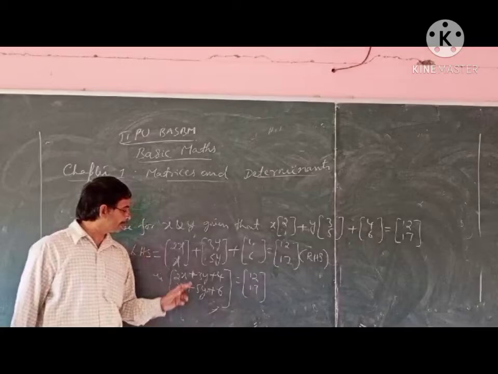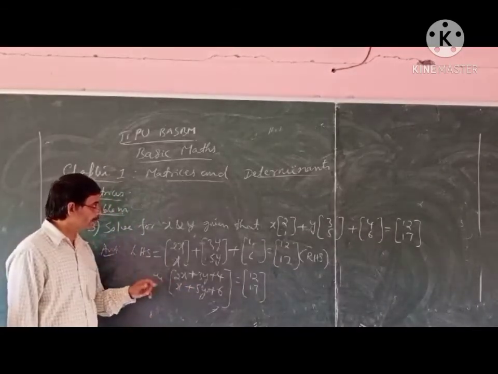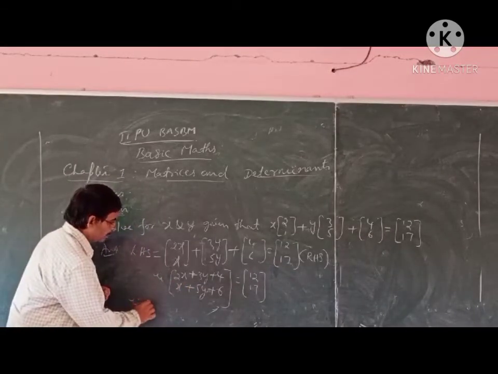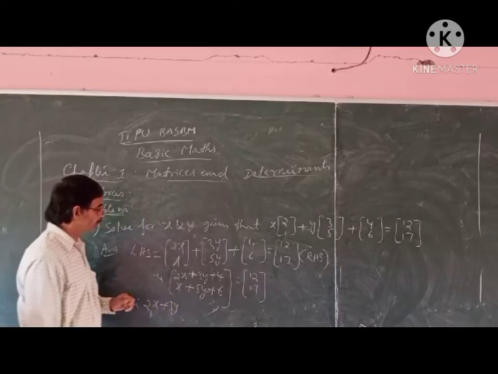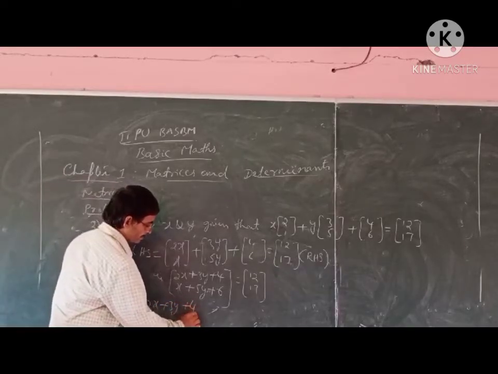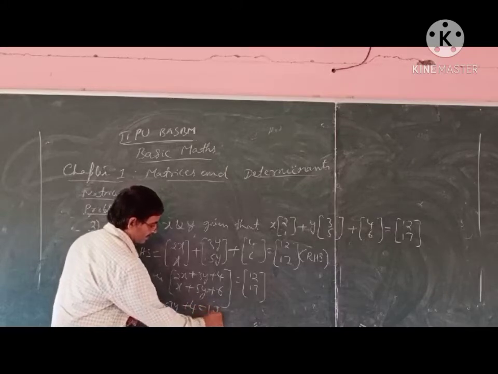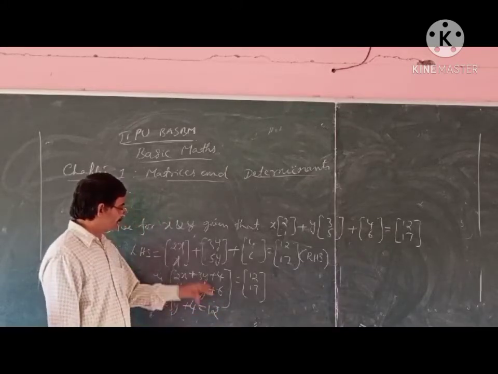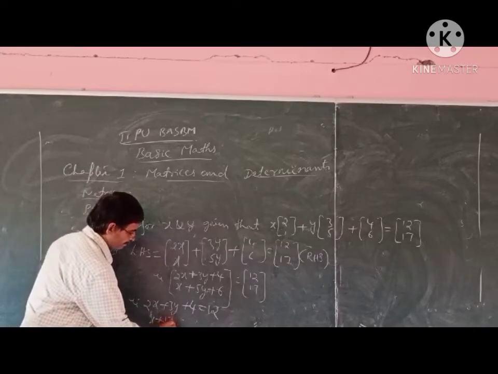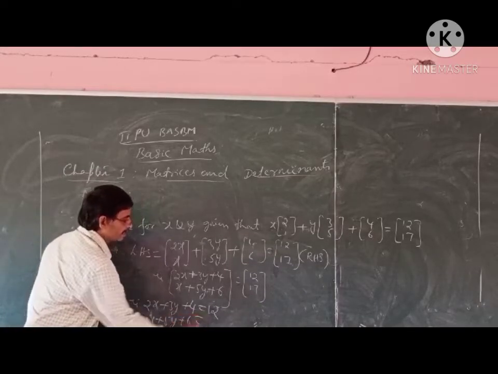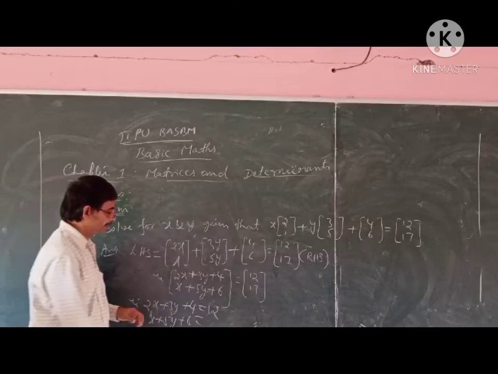Simplify by comparing. So what do you get? That is 2x plus 3y plus 4 equal to 12, and x plus 5y plus 6 equal to 17.